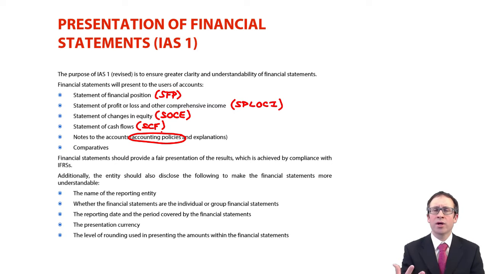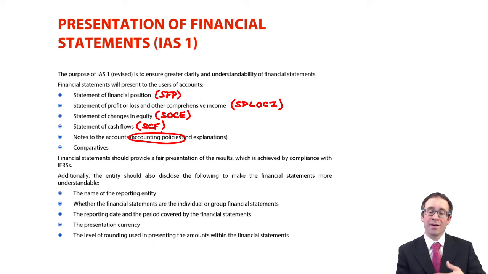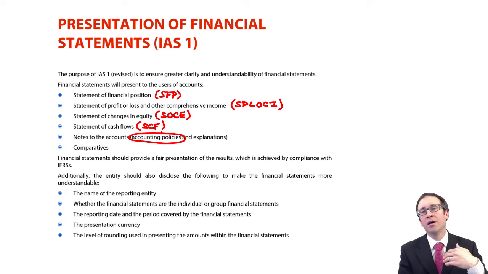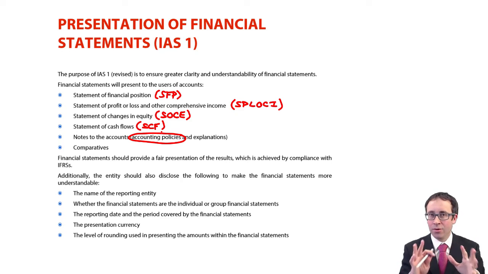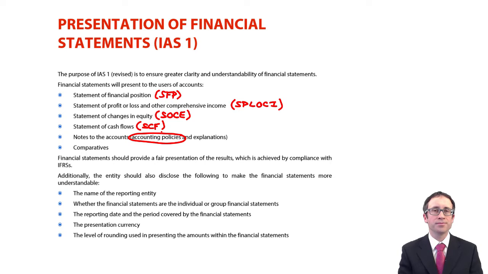Depreciation policy, is it straight line or reducing balance? It's all contained within the notes. So we'll have some explanations of the accounting policies, and it will also have the detail behind the movement in PPE with a PPE note, intangibles, financial instruments, you name it. However, for this exam, we're not worried about the notes.